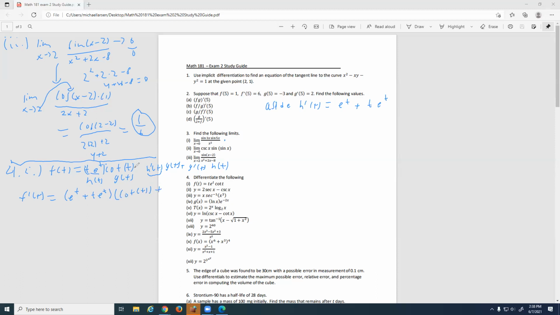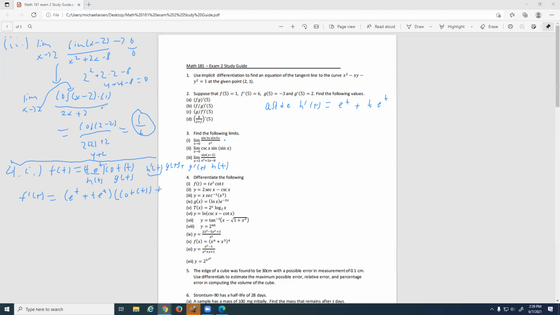Can anyone tell me what the derivative of cotangent is? All right, any ideas? I'm not sure.